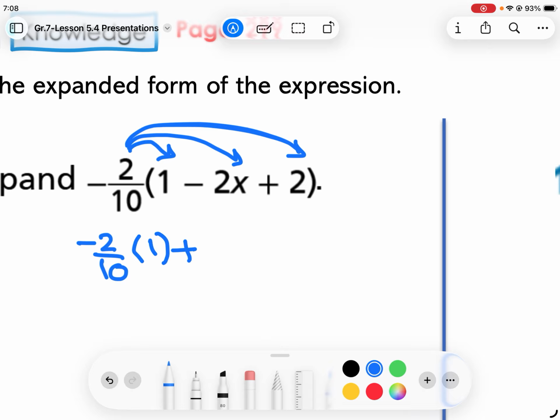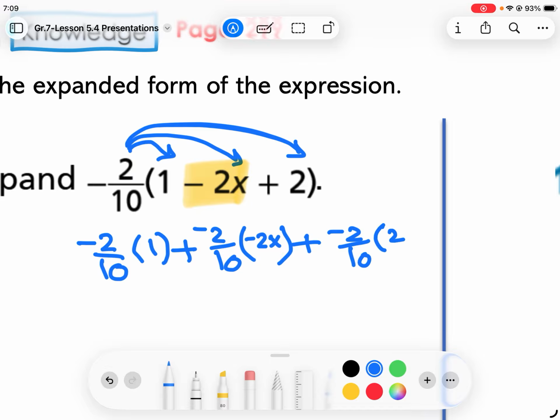Next, I'm going to put plus. I have 3 terms, so I'm going to put 2 pluses. Okay, negative 2/10 times, as you can see here, the sign of 2x is negative. So it's going to be negative 2x. Plus finally, negative 2/10 times 2.